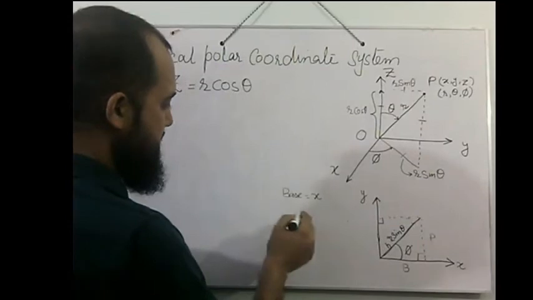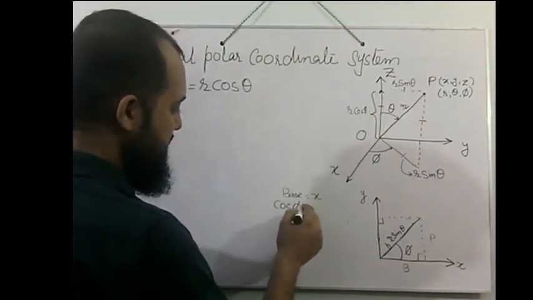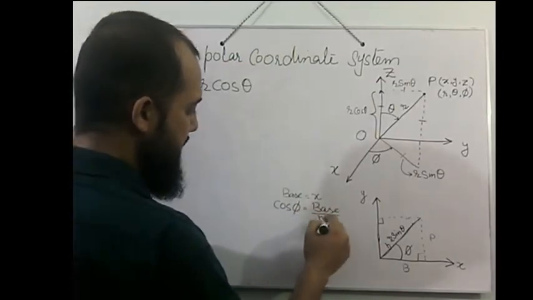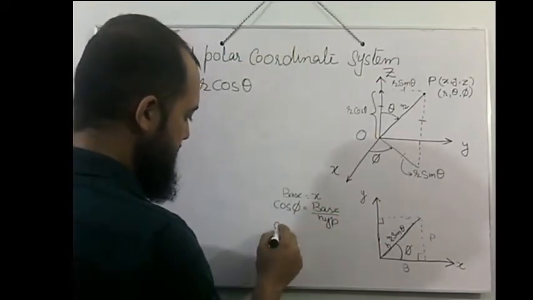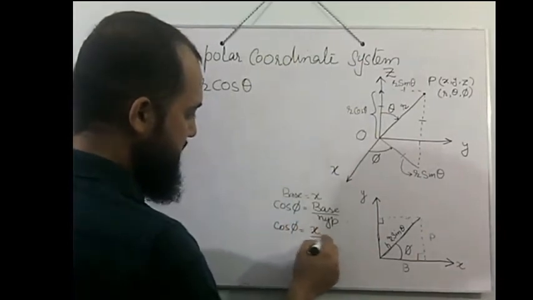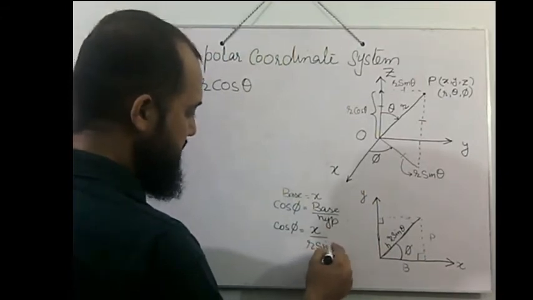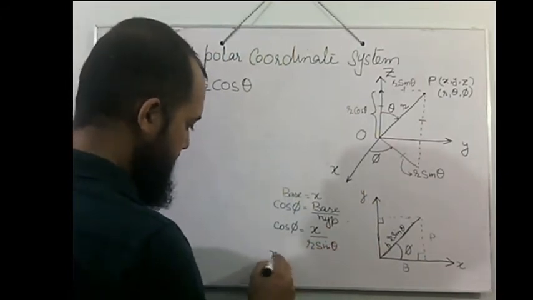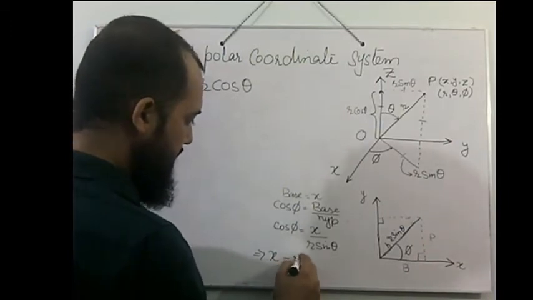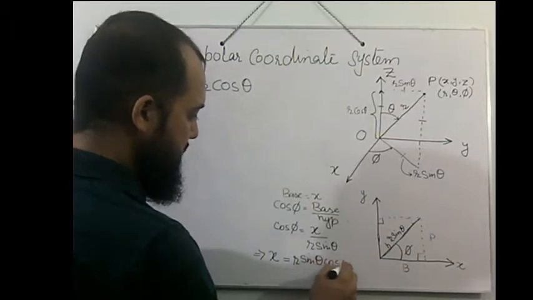Base is equal to x, so we see that cos phi is equal to base upon hypotenuse, which says that cos phi is equal to x upon r sin theta. This implies that x is equal to r sin theta cos phi.